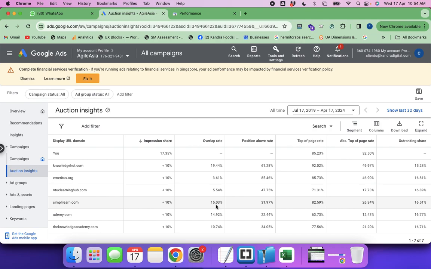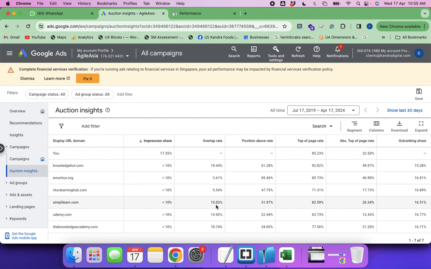Both players are ranking for different sets of keywords, but still there is some amount of overlap between any two players who compete. Here, one of them is always Agile Asia and the second one is Knowledge at or any other player. Overlap rate is 19 percentage. This indicates that for 19 percentage of the keywords, Agile Asia is also ranking and Knowledge at is also ranking.